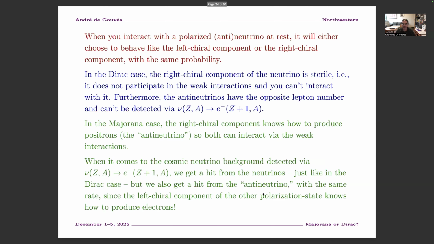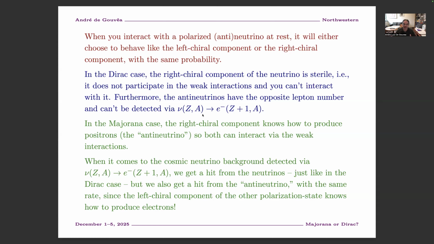Okay, so these neutrinos are not very relativistic. So let's pretend that those neutrinos are actually sitting at rest. Well, they're moving very slowly. Let's look at the left-handed helicity component of that. The left-handed helicity component of that, when it hits a nucleus, it knows how to produce an electron.